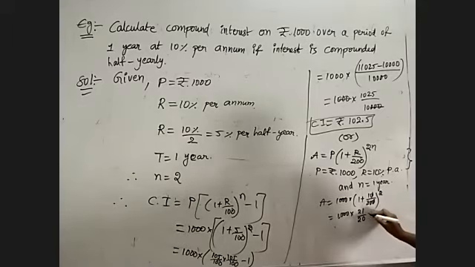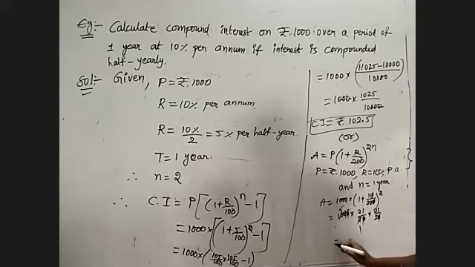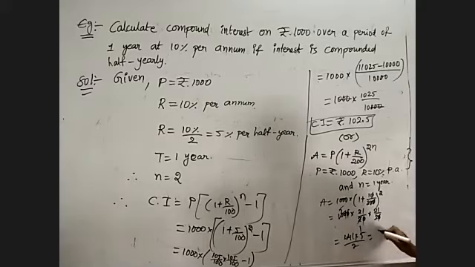So 21 by 20 into 21 by 20, because the square is there. Now 2 zeros get cancelled. 2 ones are 2, 5 twos are 10. Okay, so 21 into 21, 441, into 5 by 2. So 5 ones are 5, 5 fours are 20, 5 fours are 20 plus 2 is 22, divided by 2. Now do the cancellation. 2 ones are 2, 2 twos are 4.